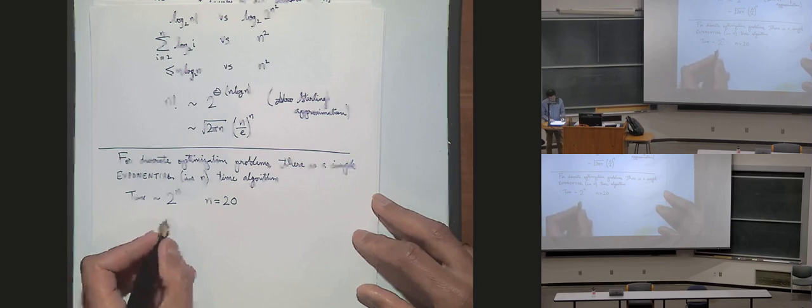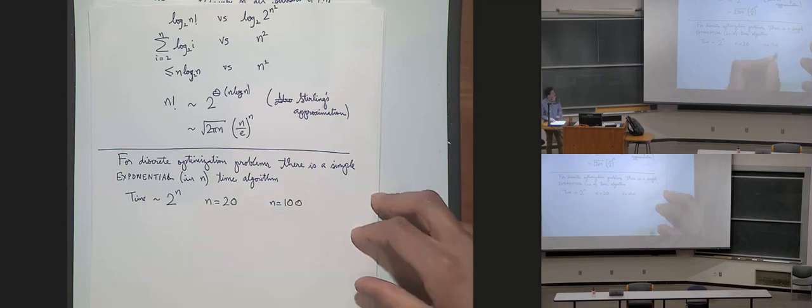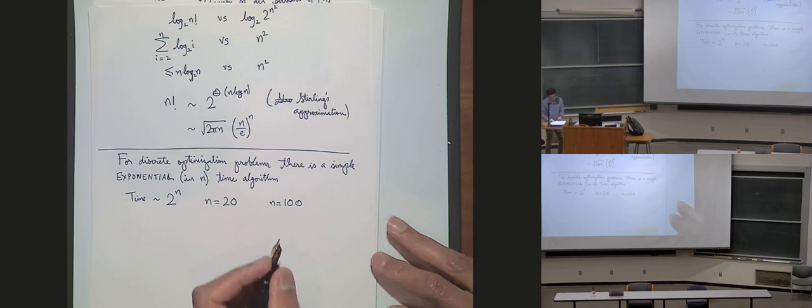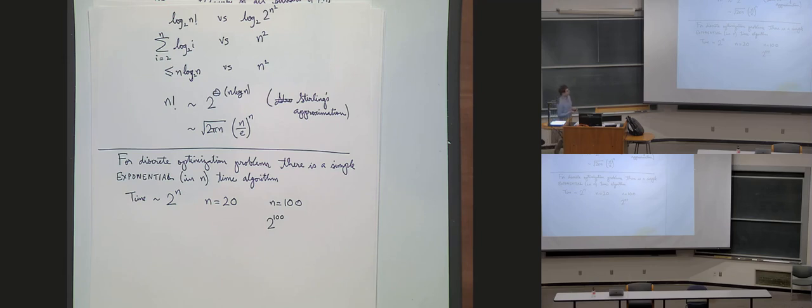But if you say something like n is 50, or maybe n is 100, there is no way you could solve this. 2 to the 100 is, I think, close to the number of protons in the universe. It's probably more than the number of seconds or maybe milliseconds that the universe has existed. So 2 to the 100 is impossible to solve.